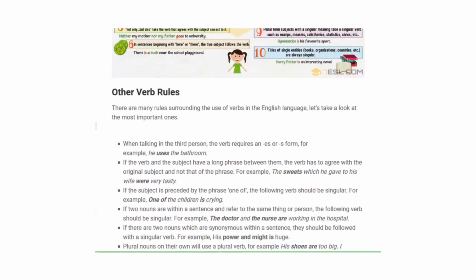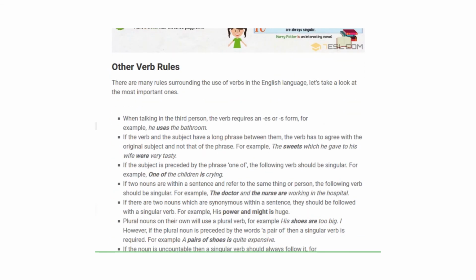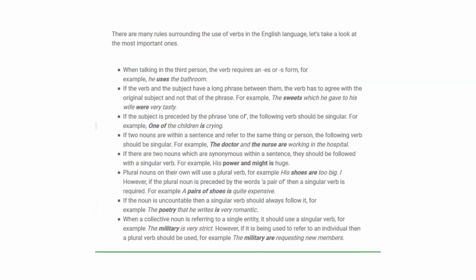Okay, so we have a little bit of some other verb rules. There are many rules surrounding the use of verbs in the English language. Let's take a look at the most important ones. When talking in the third person, the verb requires an es or s form.